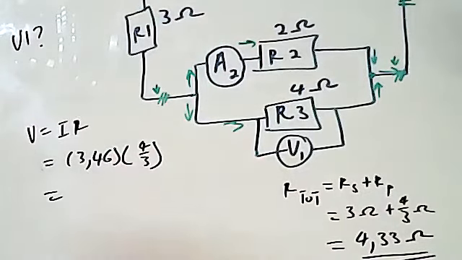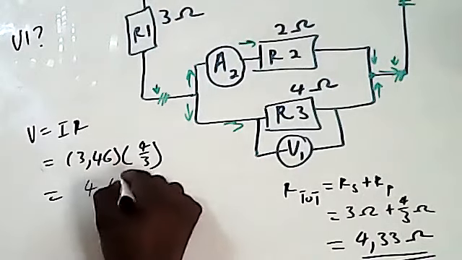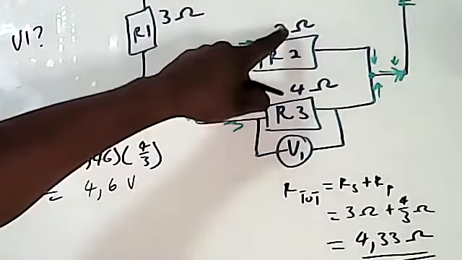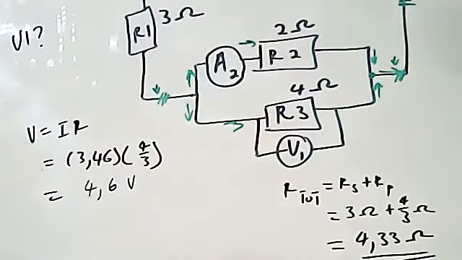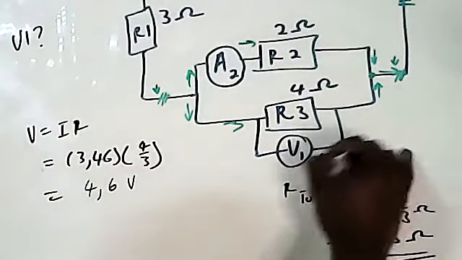And then our voltage there is going to be 4.6 volts. So V1 is 4.6, and this one is also 4.6 because they are in parallel. I really hope it makes sense. We are done with calculating V1. V1 is going to be 4.6 volts.